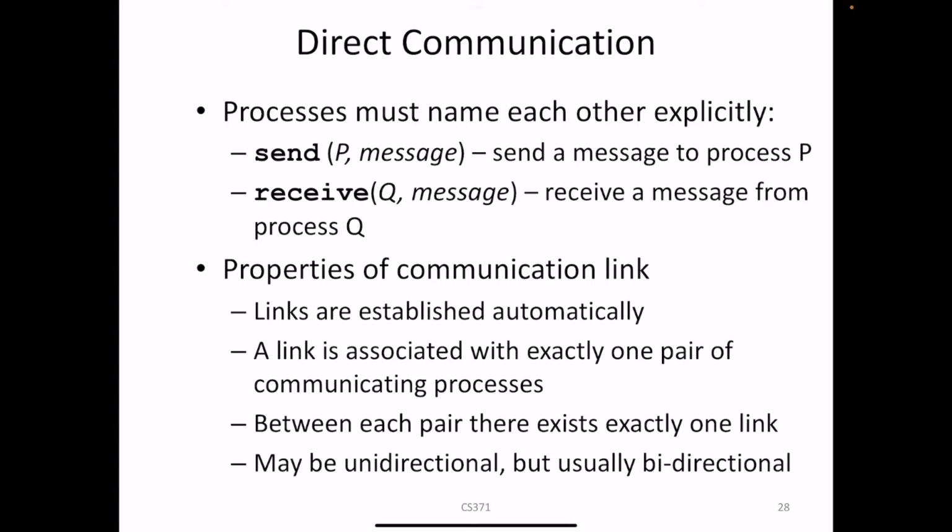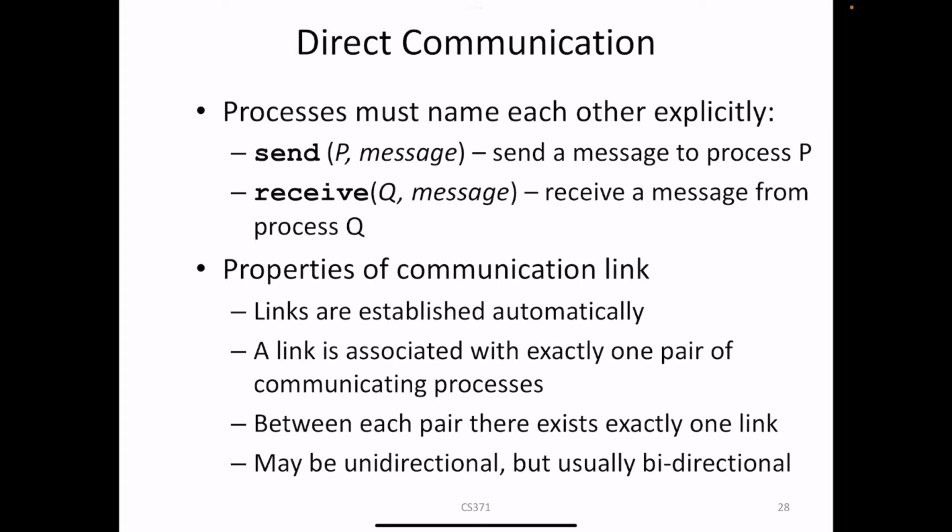In the previous example, not only can P send and receive messages to Q, but Q can also send and receive messages to P. Of course, the link can also be unidirectional. That means only one process can send messages to the other side.